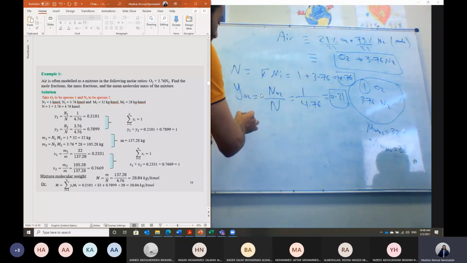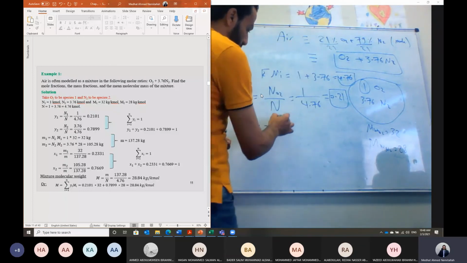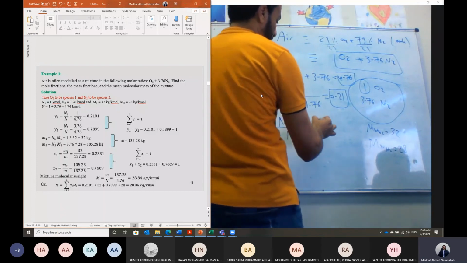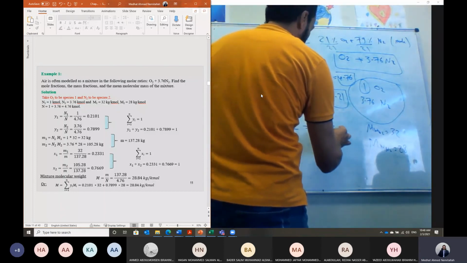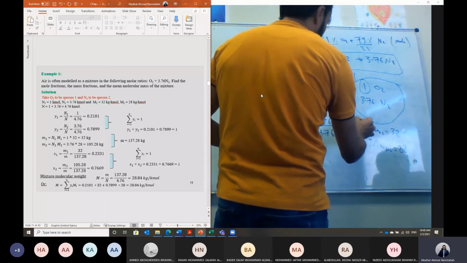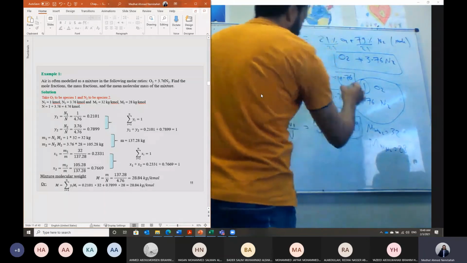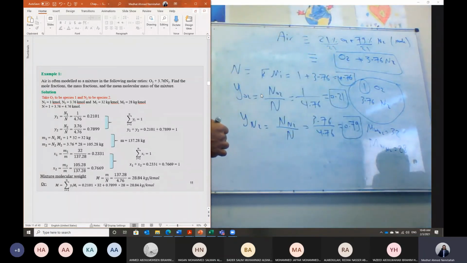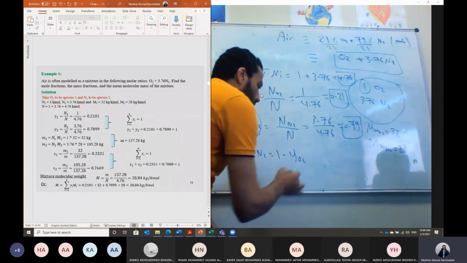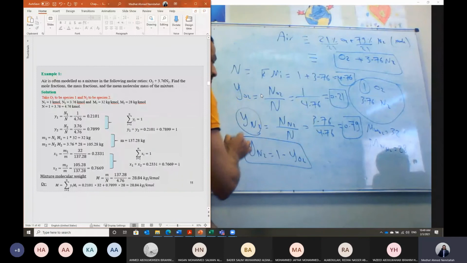Like this, YN2 is equal to the number of moles of N2 divided by the total number of moles, which is 3.76 divided by 4.76. It will be almost about 79%, the percentage of N2. And you don't actually need to calculate YN2 because we have two components. So YN2 is equal to 1 minus YO2, because the summation of both of them should equal 1.